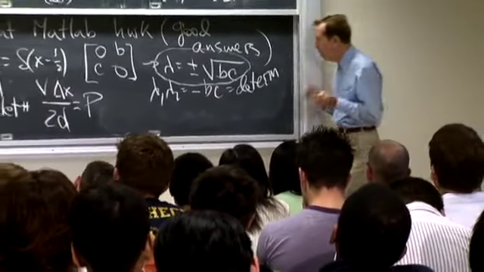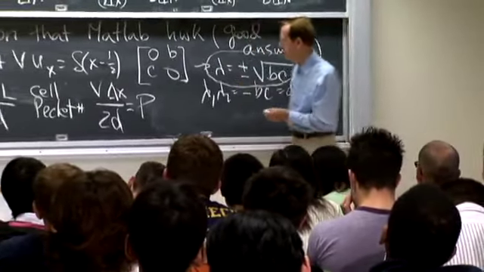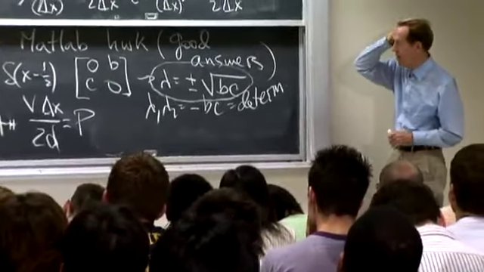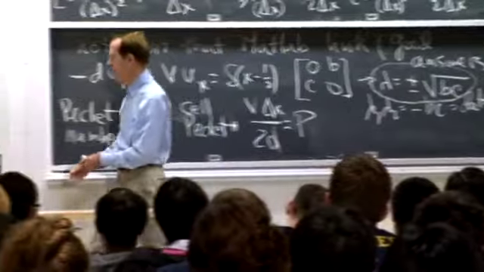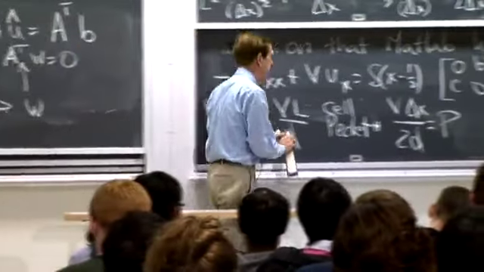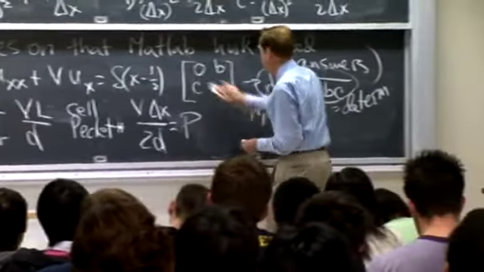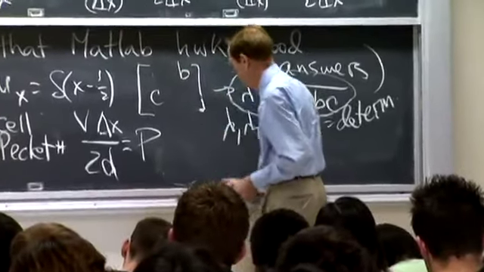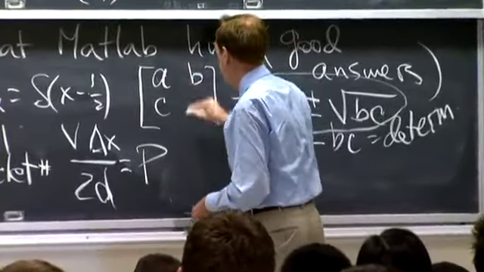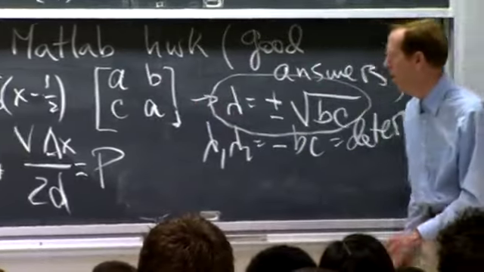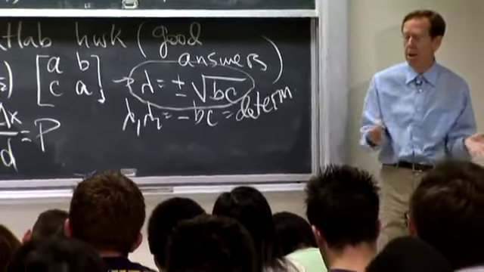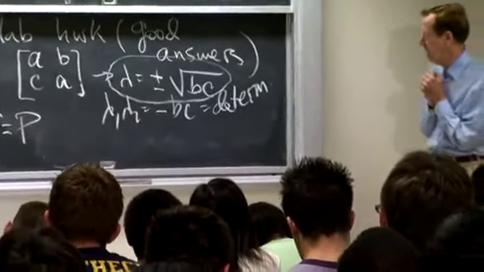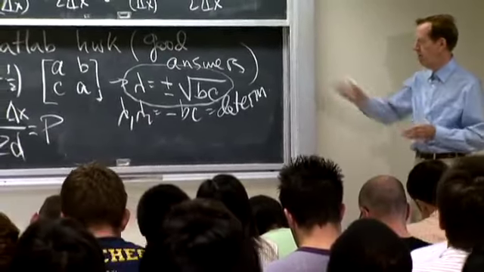Now you may say, what about the diagonal? Well, I claim diagonal is very simple. Now I'm going to allow myself a diagonal. What happens if I have A and A, the same entry on the diagonal? What are the eigenvalues now? This is a great chance to do some basic eigenvalue stuff.